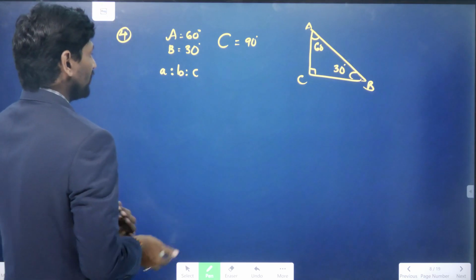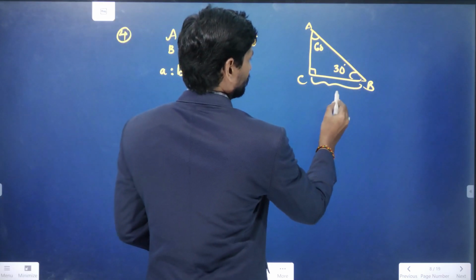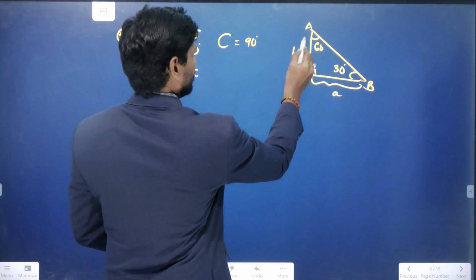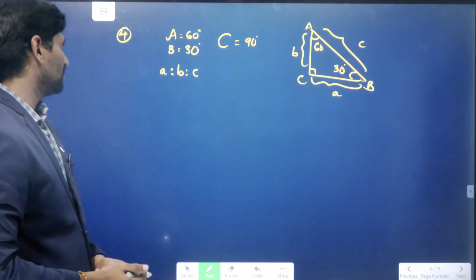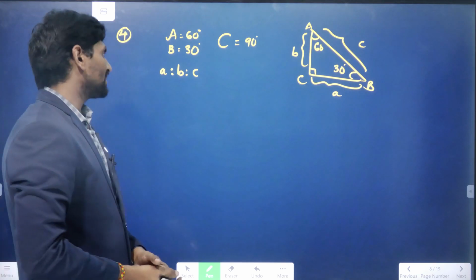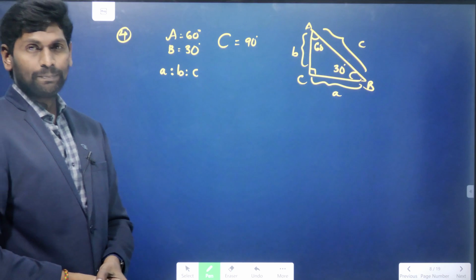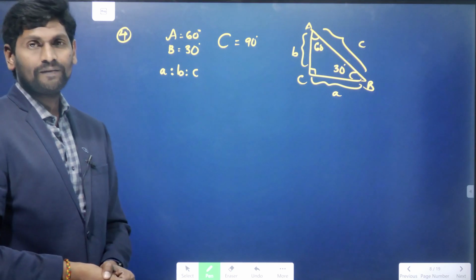What is a? a is the side opposite to vertex A. This is b and this is the side c. How do we find the ratio? Can we apply the sine rule? Directly we will get the answer.